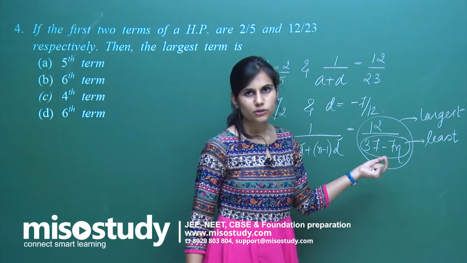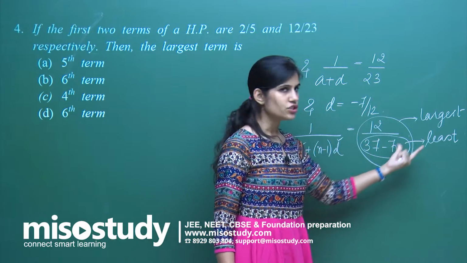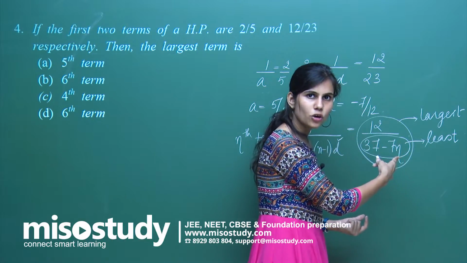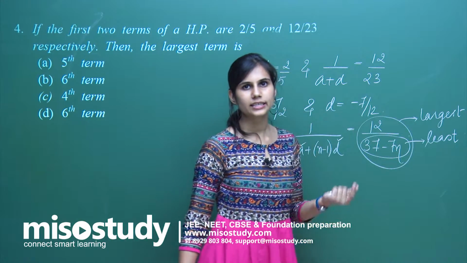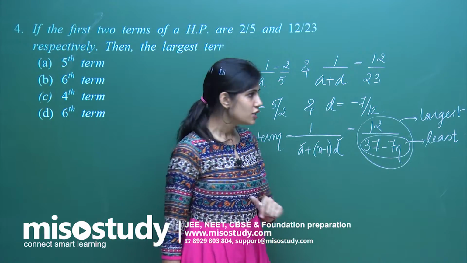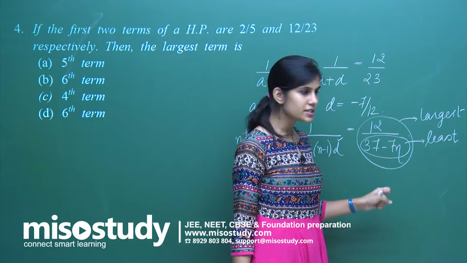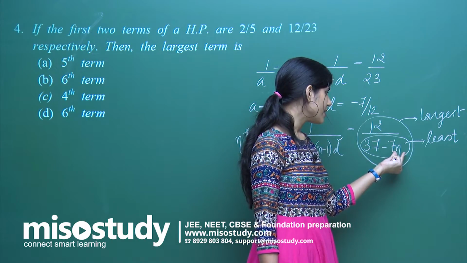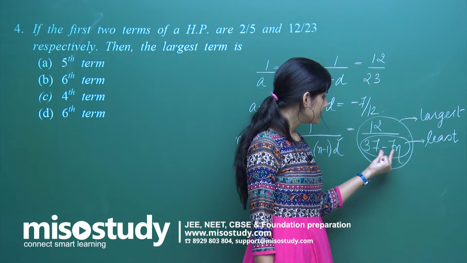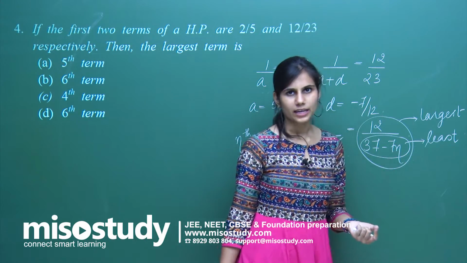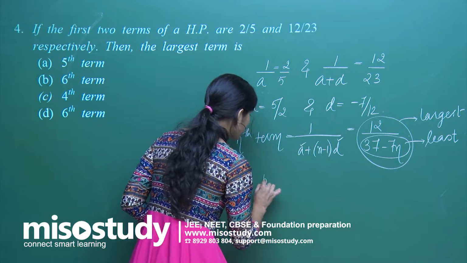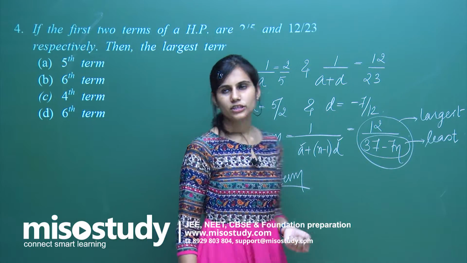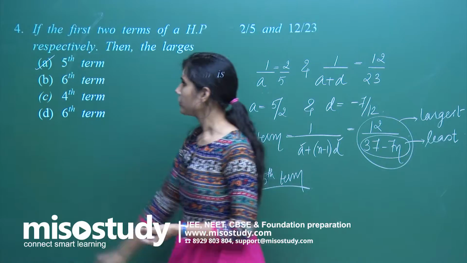That is the least denominator you can get, for which you get the largest value of this fraction, because if you move ahead, you are going to get a negative denominator, which makes the entire fraction negative and smaller. So the smallest positive quantity this denominator can gain is 2, when this is 35, which means when N is 5. So the fifth term of this harmonic progression is the largest. Answer is option number A.